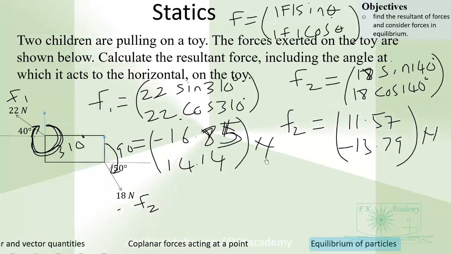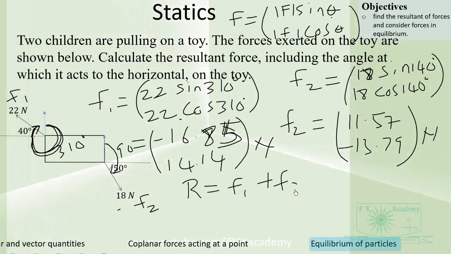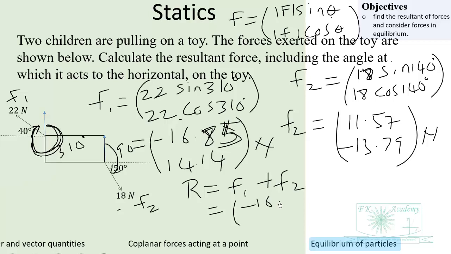Now we are to find the resultant. So the resultant will be the addition of the two forces. So R will be equal to F1 plus F2. So that will be equal to negative 16.85, then 14.14.